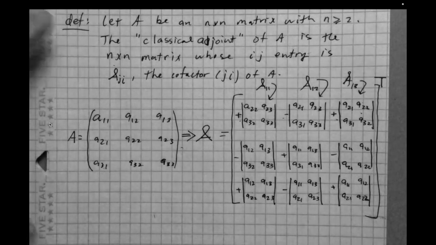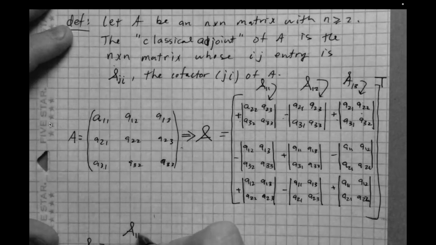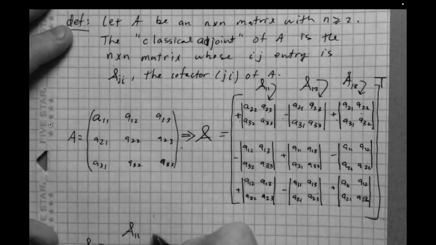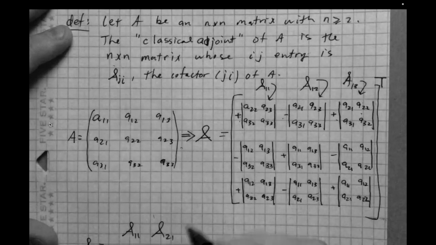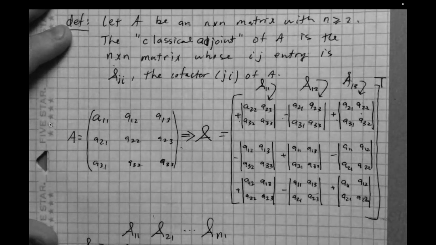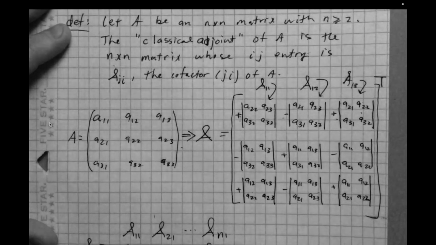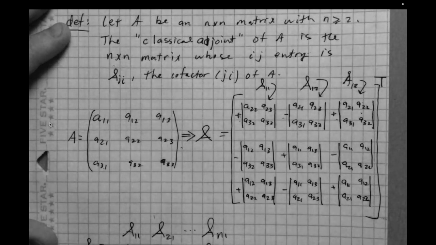Okay? And so in general, the adjoint will have the form: adjoint 1,1, adjoint 2,1, down to adjoint n,1, and then adjoint 1,2, adjoint 2,2, down to adjoint n,2, and so on, adjoint 1,n, adjoint 2,n, down to adjoint n,n.